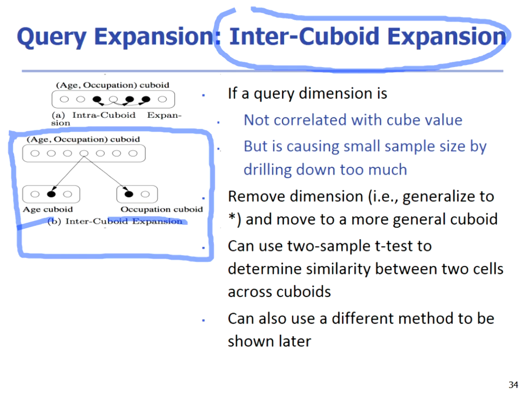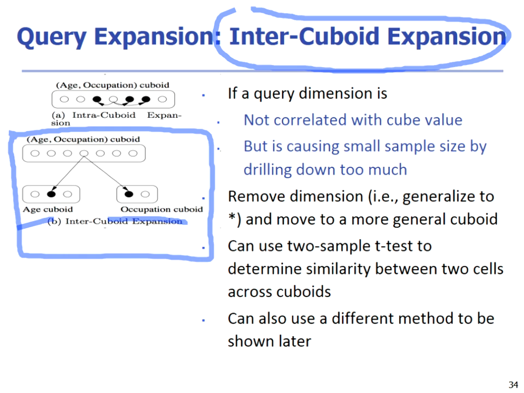For example, the cell in the 2D cuboid age-occupation can use its parent in either the 1D cuboid age or the 1D cuboid occupation.